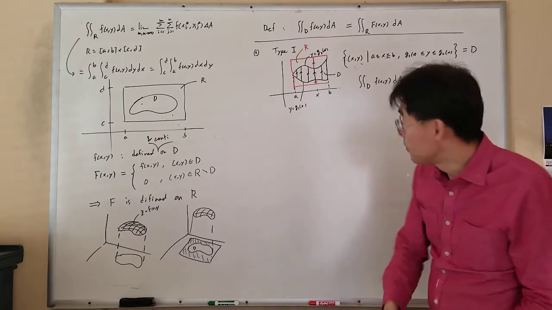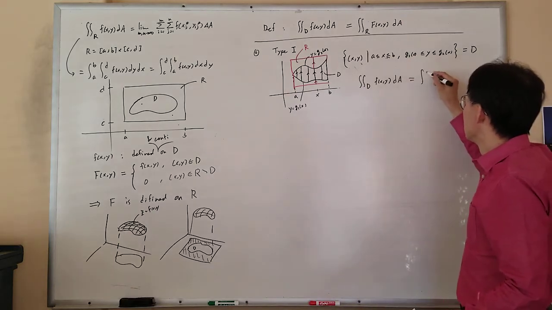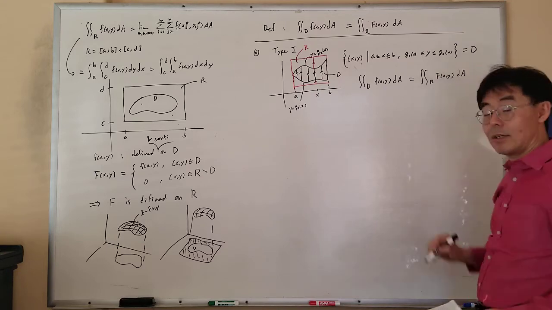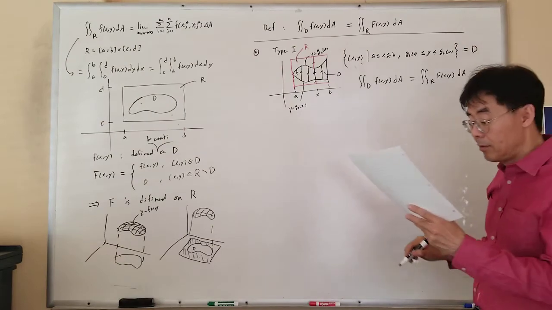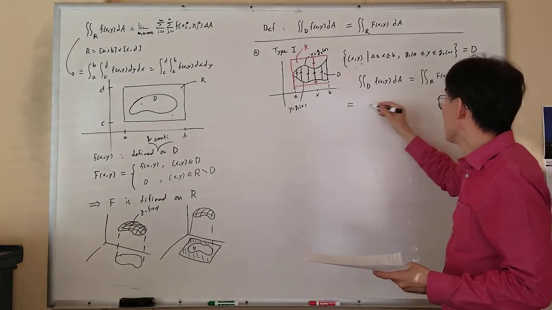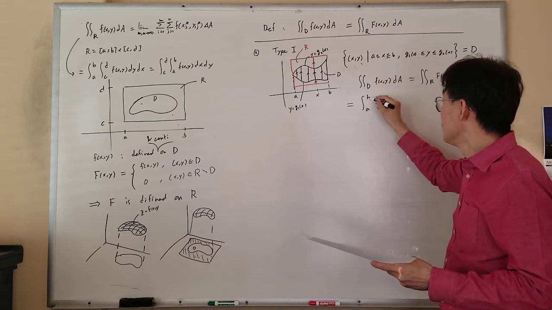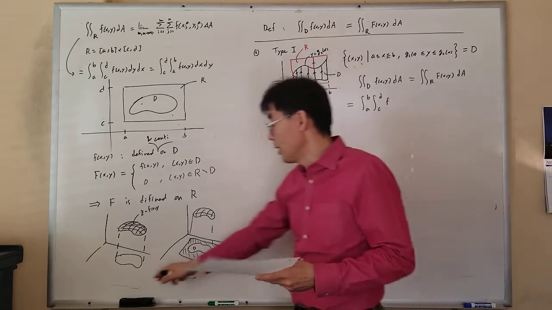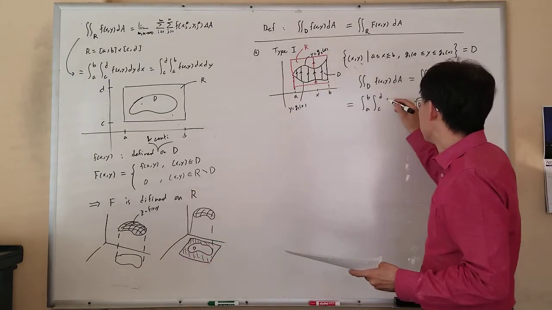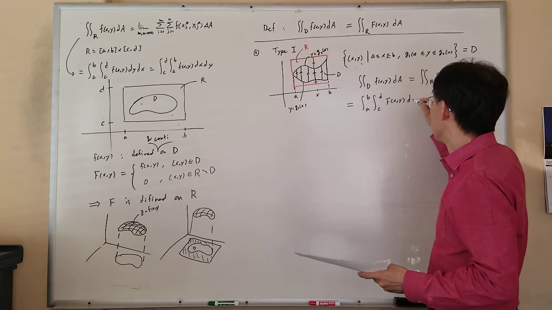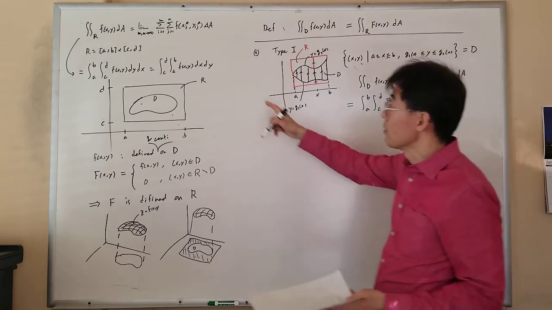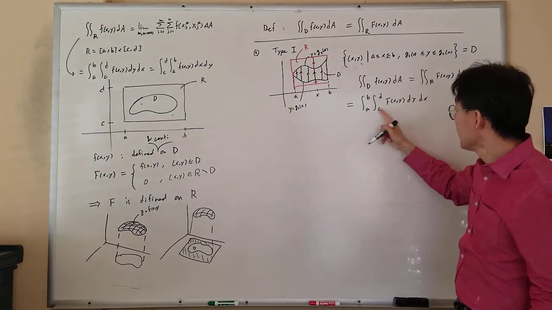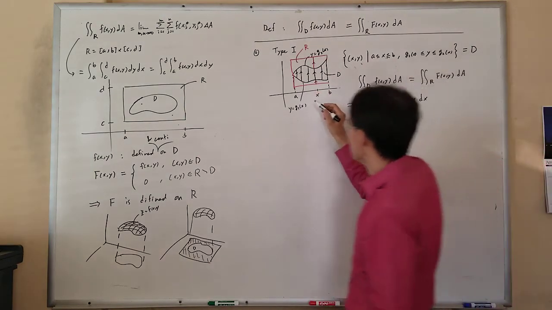Then that is defined as the integral over the domain of capital F of x. Here, you can write it from a to b, c to d, capital F of x, y, an iterated integral from the result of section 4.2. Now, for a given x, y runs from c to d.